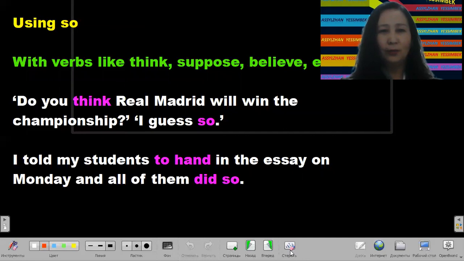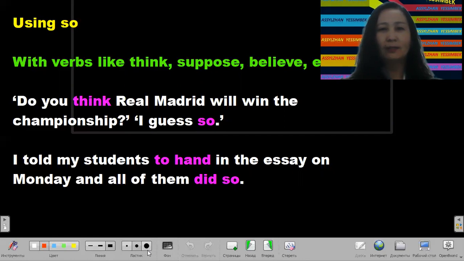Another way of avoiding repetition, using so or do so, with verbs like think, suppose, believe, etc. For example, do you think Real Madrid will win the championship? I guess so. Means I guess that Real Madrid will win the championship.